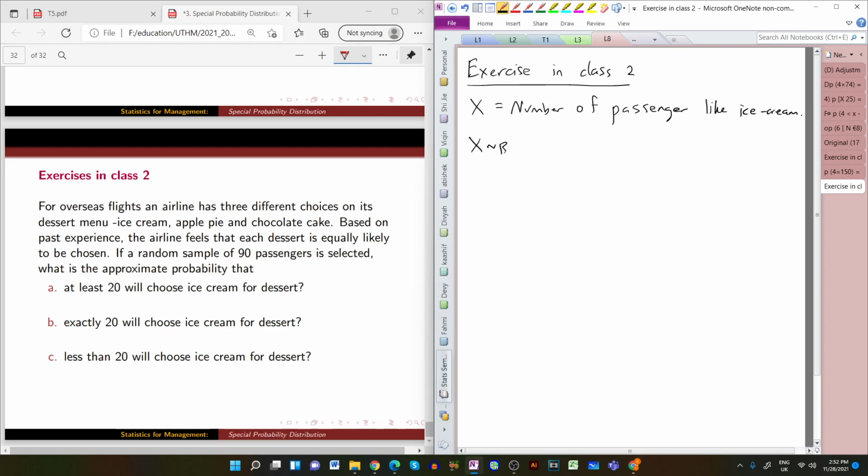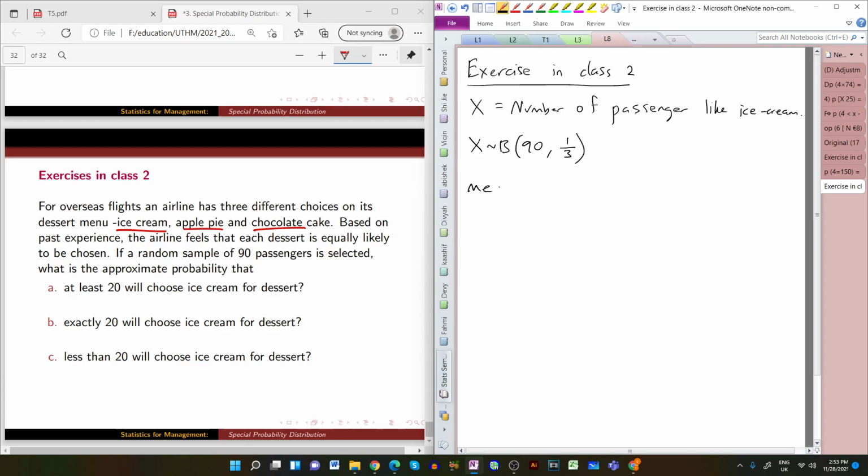X is binomially distributed with a total of 90 passengers, and since it's equally likely, how many desserts are there? 1, 2, 3. Total is 3. Ice cream is 1. So 1 over 3 is the probability. We want to do this by approximation.